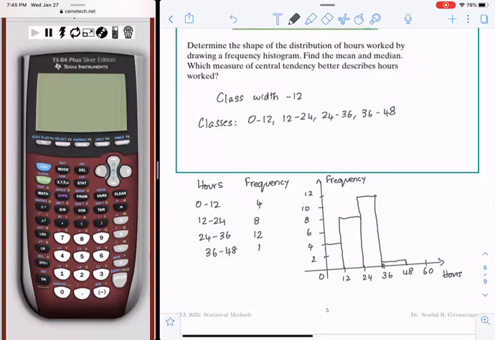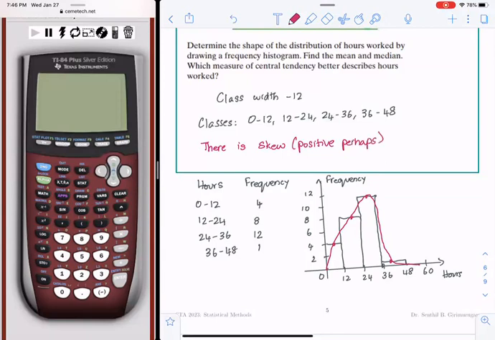So it looks like the data is likely to be skewed in this case. Even though it is not clearly visible, there is going to be skew, and it seems like it would be a positive skew.